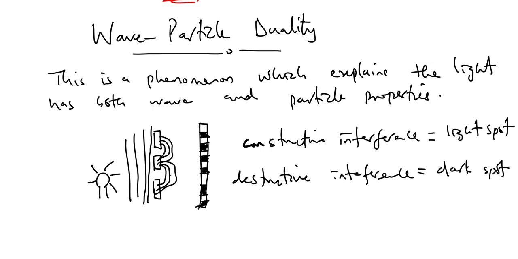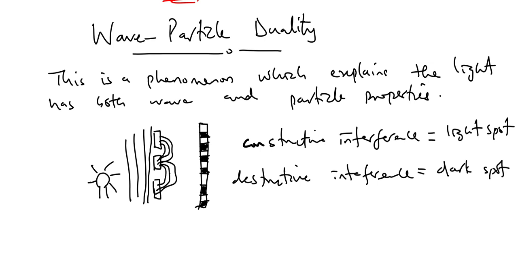But the experiment of the photoelectric effect as well as the Compton effect demonstrates that light has particle properties. If you combine these two, then we talk about the wave particle duality of light. Light can behave as a wave and it can also behave as a particle.